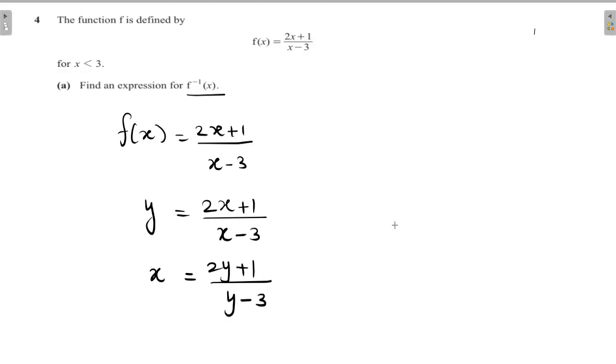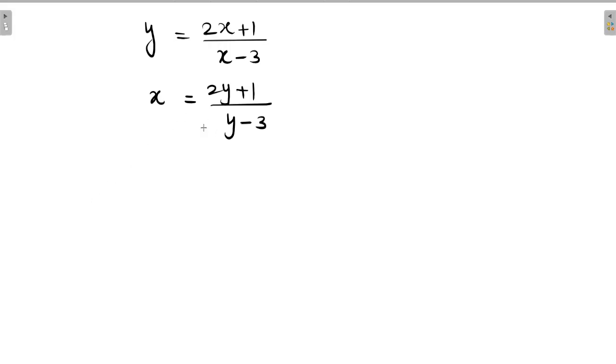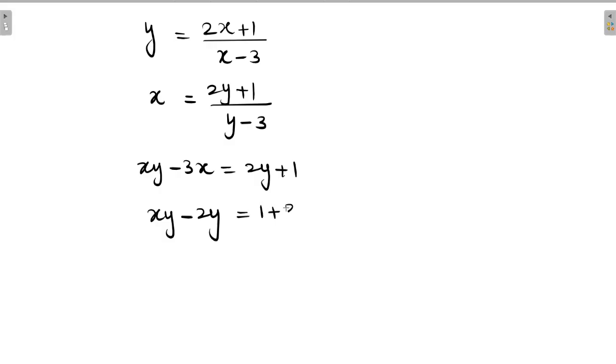Now make y the subject. So let us cross multiply: xy minus 3x is equal to 2y plus 1. So xy minus 2y, because we are making y the subject, is equal to 1 plus 3x.